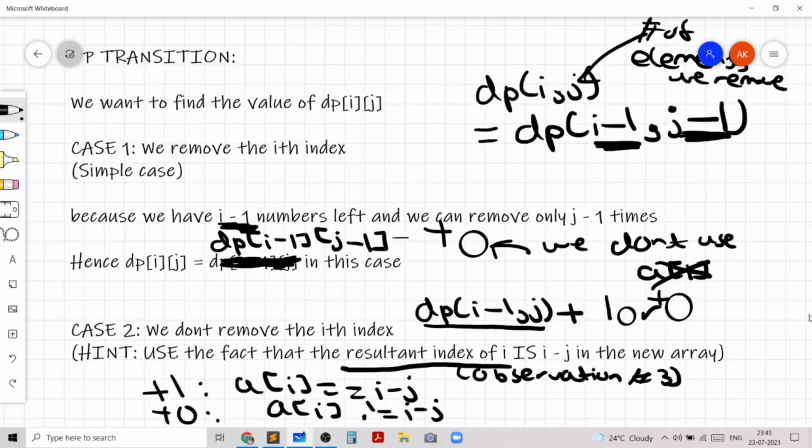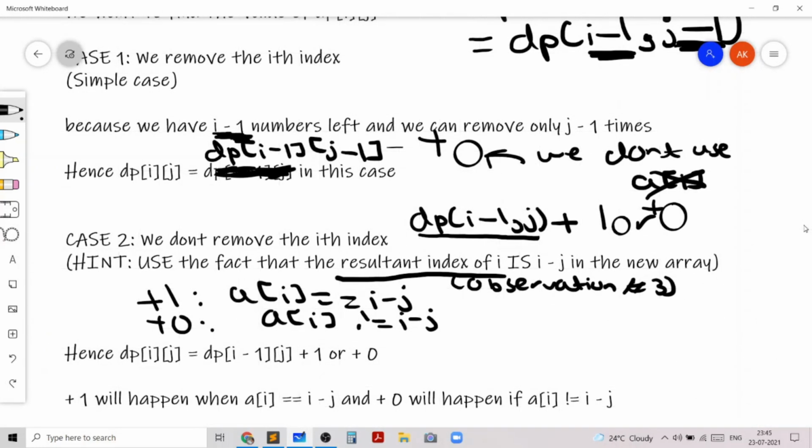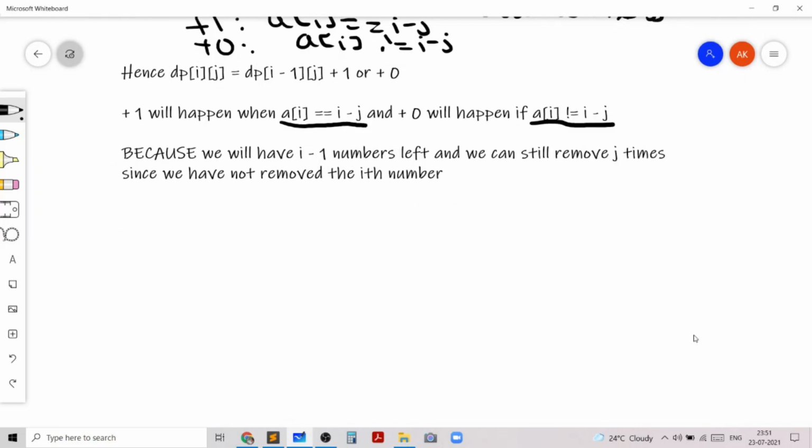So that's exactly what our dp state is. dp[i][j] is dp[i-1][j] plus 1 when the resultant index is the same as the element at the resultant index, and 0 if it's not equal. And that's what our dp transition is.